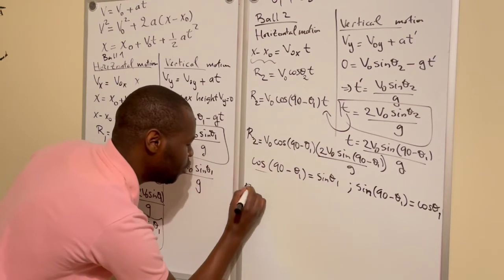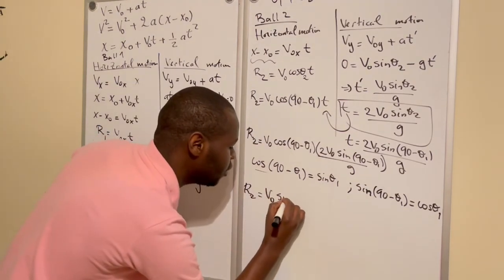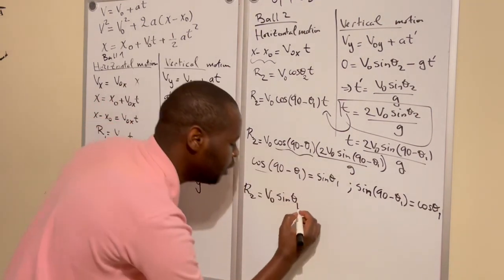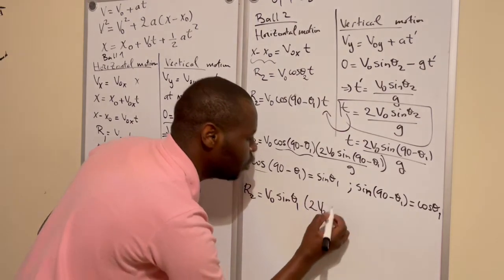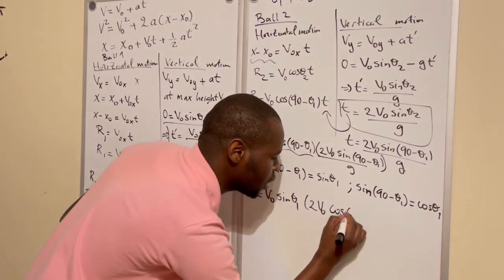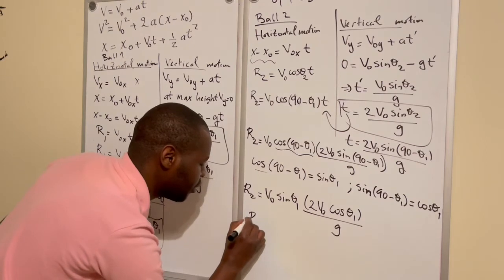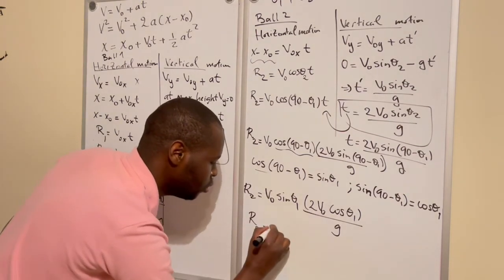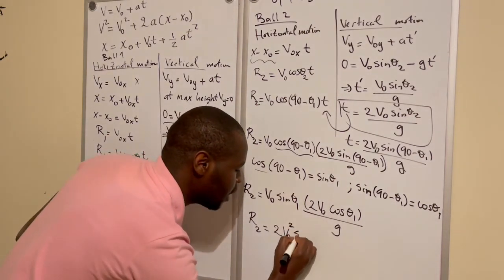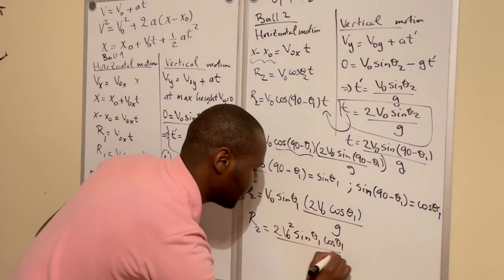So now R2 becomes V0 sine of theta 1 times 2V0 sine of 90 minus theta, which equals cosine theta 1, so times cosine of theta 1 divided by g. We can simplify this further. R2 equals 2V0 squared sine of theta 1 cosine of theta 1 divided by g.